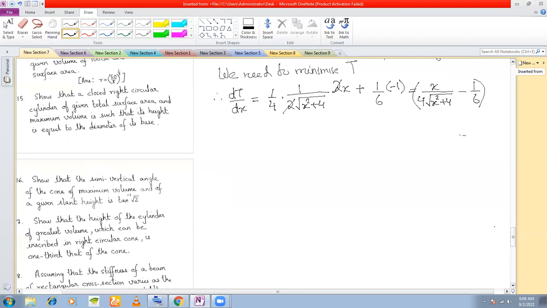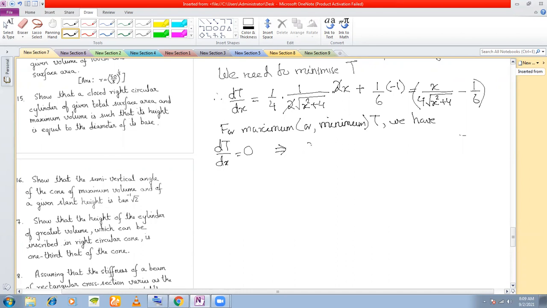So for maximum or minimum t, you must have dt/dx equal to 0.